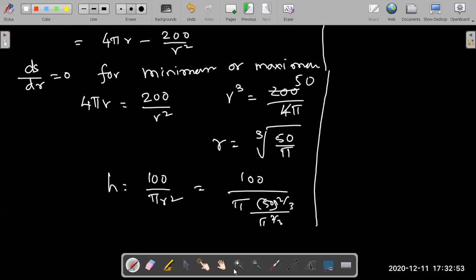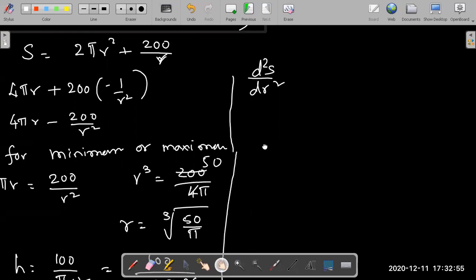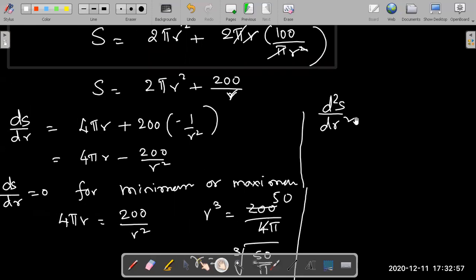We'll say first d²S/dr², whether this is equal to 0, negative, positive; it should be positive. So when I differentiate this, I get 4π minus 200. So for r to the power of minus 2, that means minus 2 into minus 2 minus 1, r by r³.